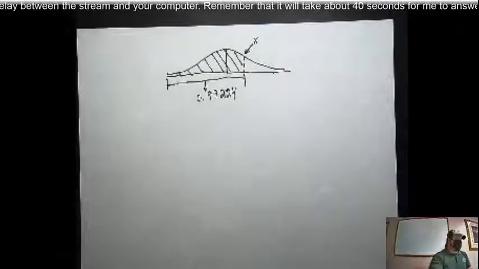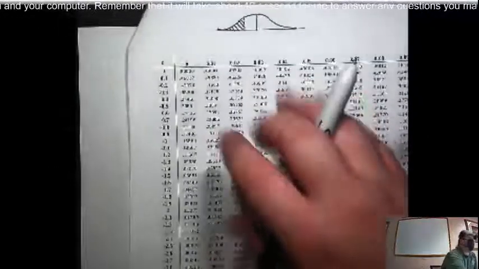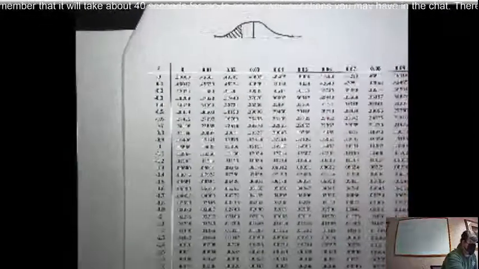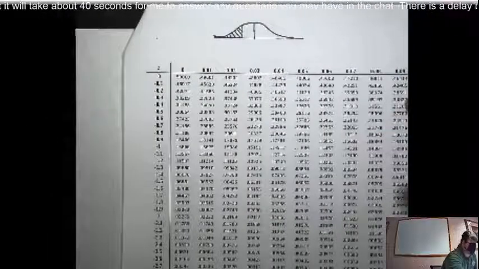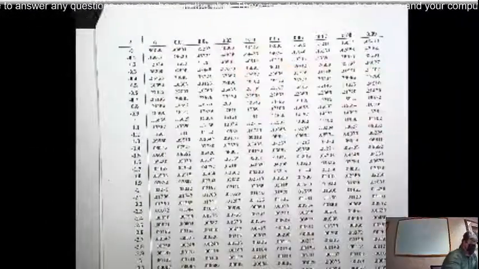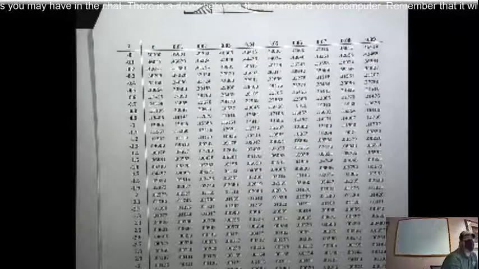So let's look at our table. Here I'm on the negative z-scores. And if you notice, all of these are very small. We go from a 50% probability to the smallest one, which is a 0.002 probability. So 99% is nowhere on here.